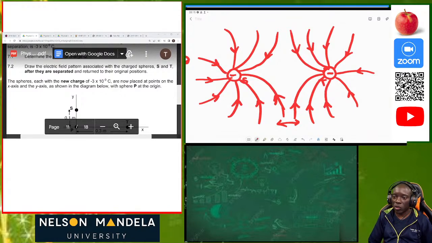So the lines should touch the spheres. Those are important things to note for such kind of questions.